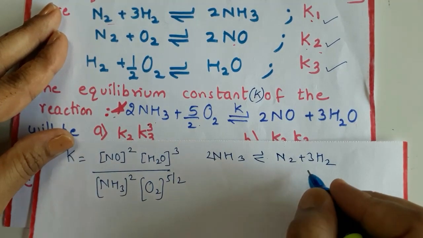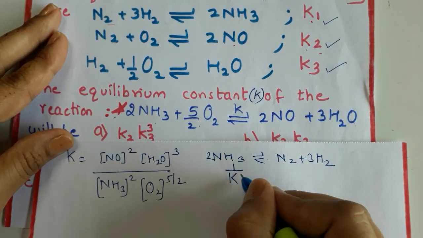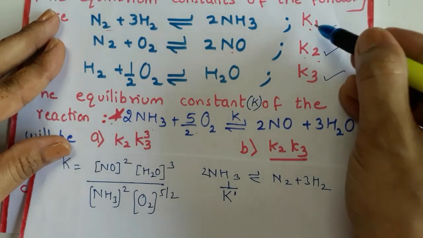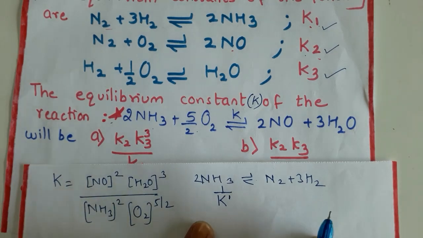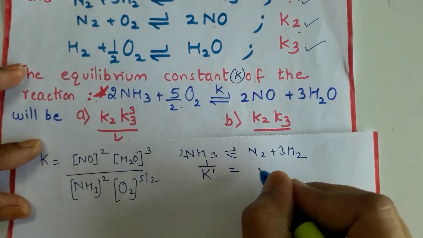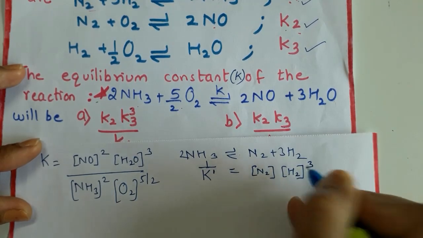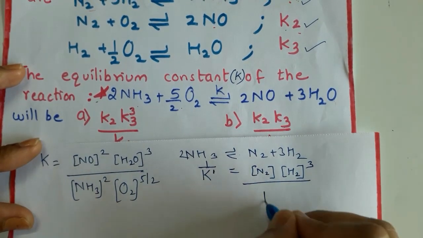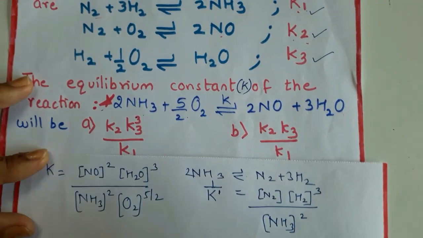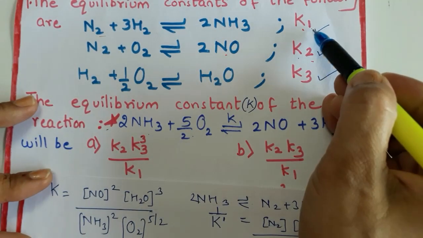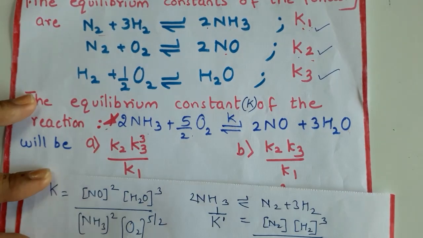For this the value would be 1 upon K1, because here they have given K1 but now it is 1 upon K1, and it is going to be concentration of N2, concentration of H2 cube upon NH3 square. I hope you understand: because this reaction had K1, I have flipped it, so this K1 becomes 1 upon K1.